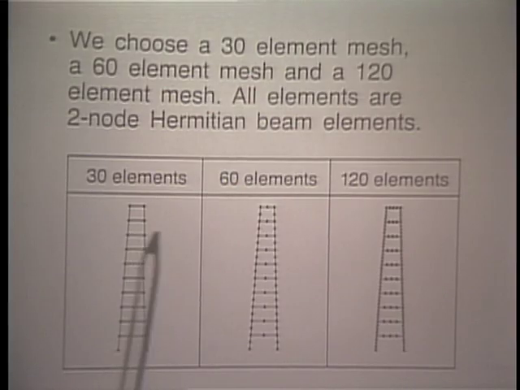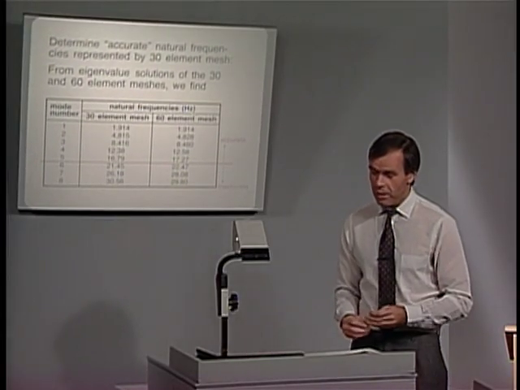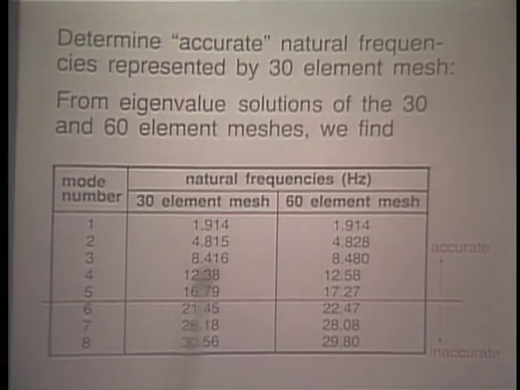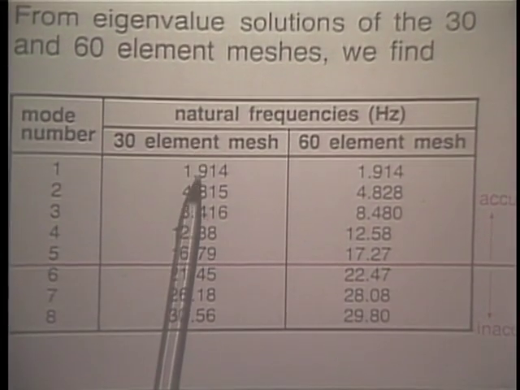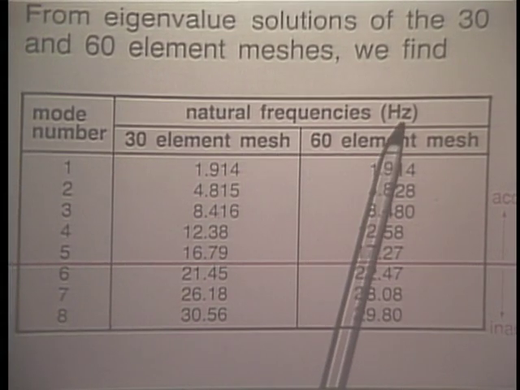We use these meshes here to calculate frequencies, and on this view graph here you see the frequencies calculated for the 30-element mesh and the 60-element mesh. Notice mode numbers in this column. 30-element mesh results here, 60-element mesh results here, in each case in Hertz.